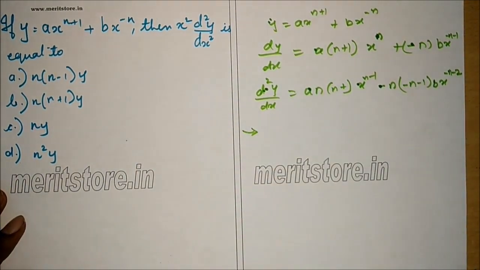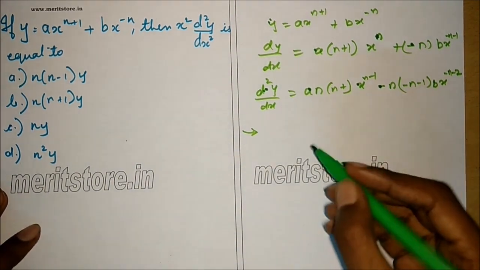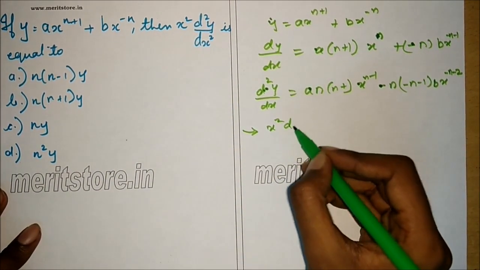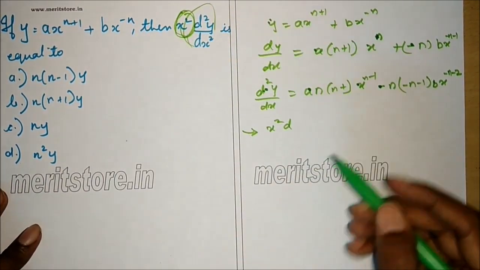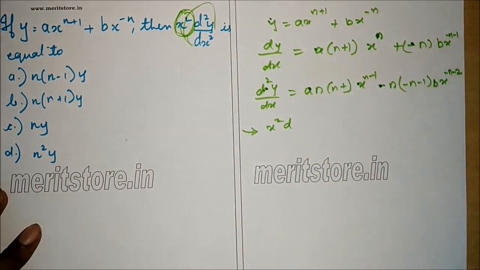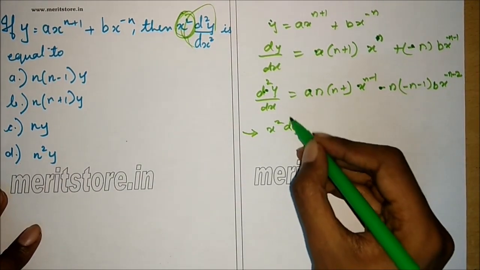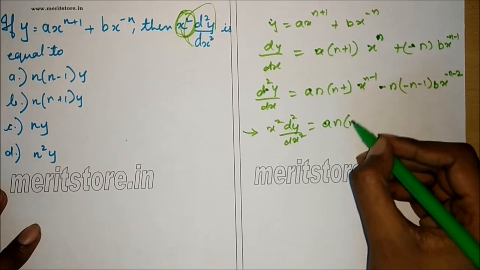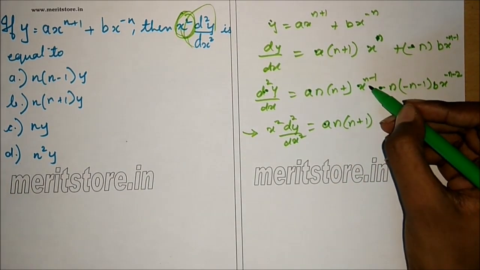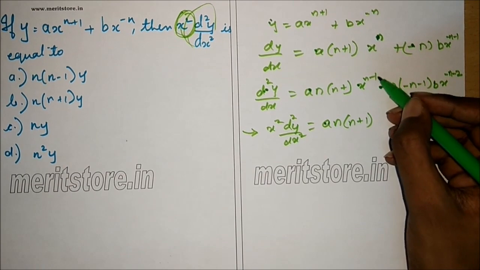So simplifying this and multiplying throughout by x square, since we are required to have x square alongside d2y by dx square, we get x square d2y by dx square equals a n into n plus 1, this will be x raised to n minus 1 plus 2.